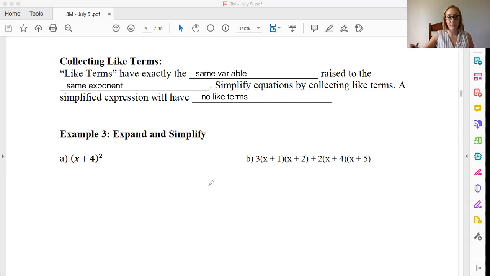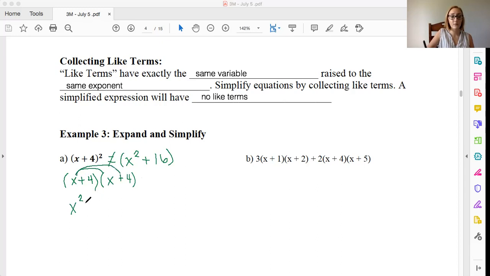Okay, so example 3, we've got x plus 4 squared. So this right here does not equal x squared plus 4 squared, which gives you 16. Not at all what you do, okay? So this means that it's x plus 4 times x plus 4. 2 completely different things, okay? So you're going to do FOIL, so x times x will give you x squared.